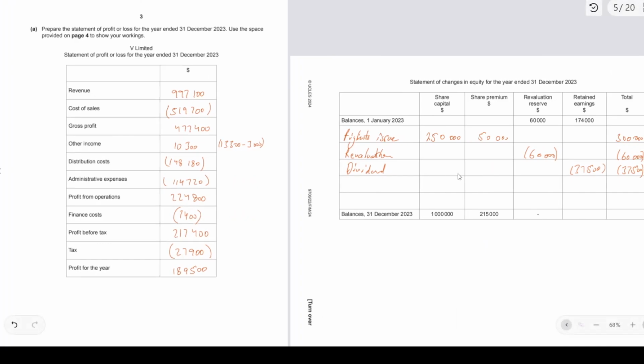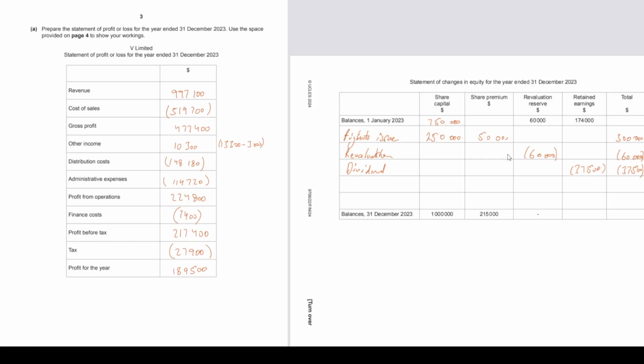Share capital. Oh, we have to also fill in these blanks, I think. Well, that's going to be 750K as a missing figure, if you would really want to put it. And that's 215 minus 50, that's 165. It wasn't made that obvious, maybe it's written above earlier.